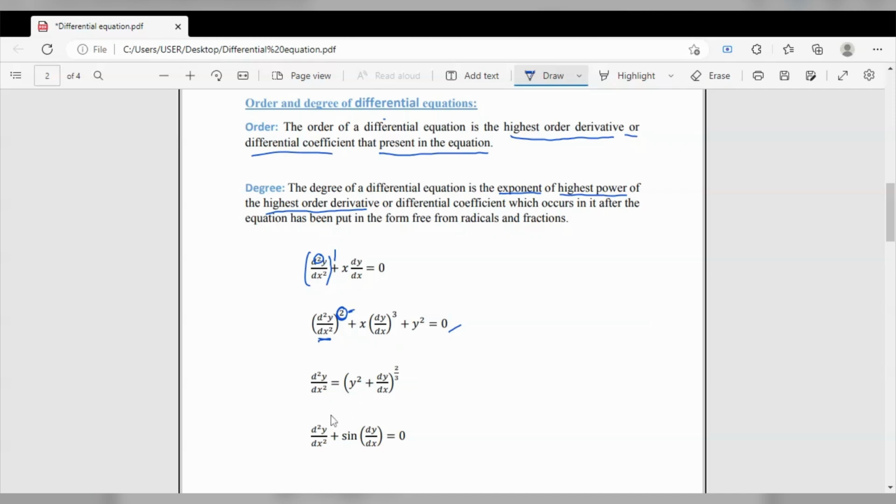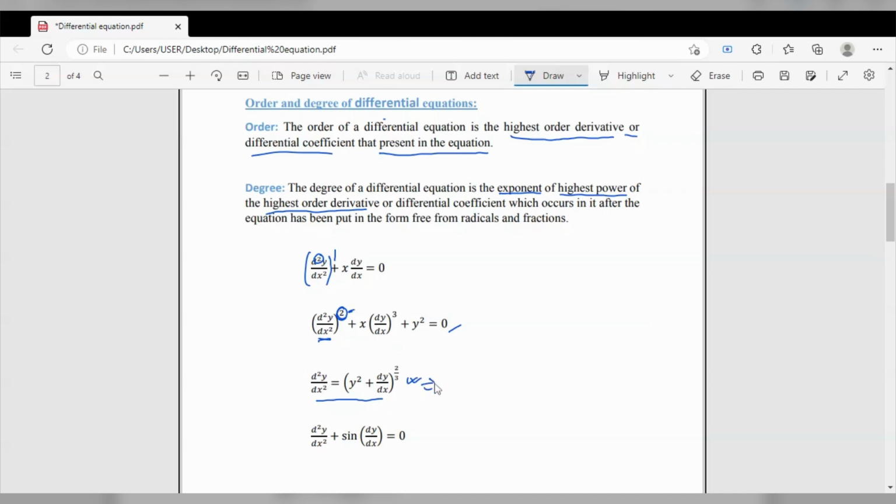Next, we go to the third example, that is d2y by dx square equal to y square plus (dy by dx) whole to the power 3 by 2. First of all, we have to rationalize this differential equation.